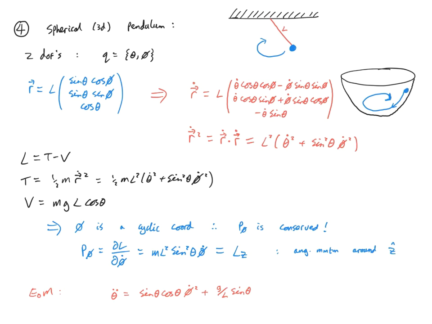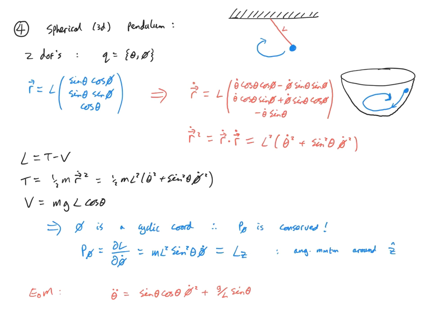And furthermore, we can actually make an additional simplification because this is a differential equation that involves both theta and phi dot in here, but phi dot is actually related to the angular momentum Lz, which is constant and conserved.